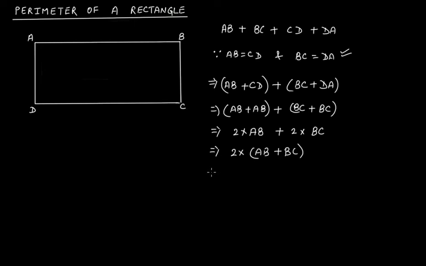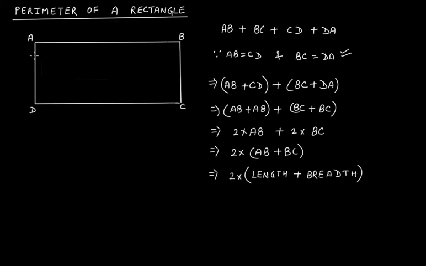So here you can see that this is 2 times. Now look very carefully. What is AB? AB is the length, plus what is BC? BC is the breadth of this rectangle.